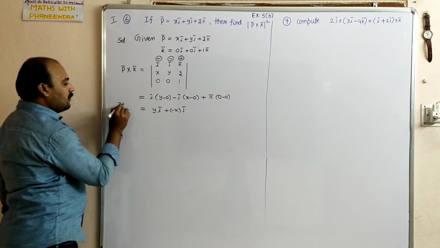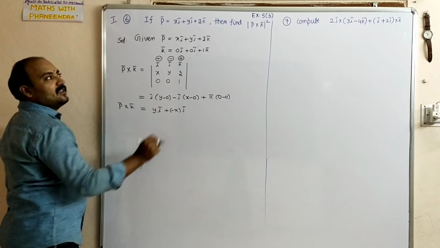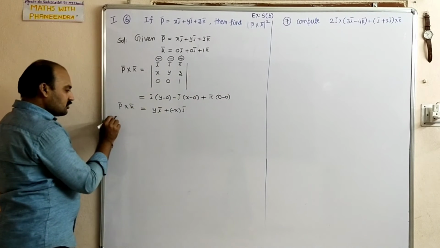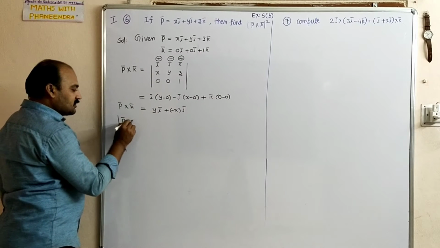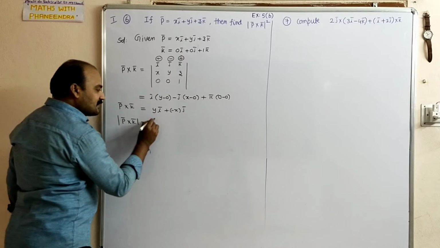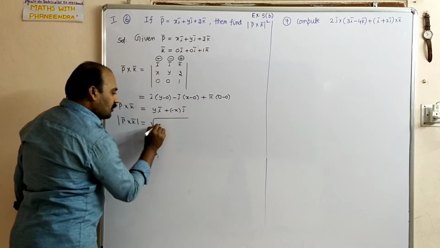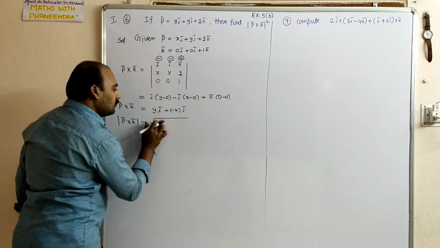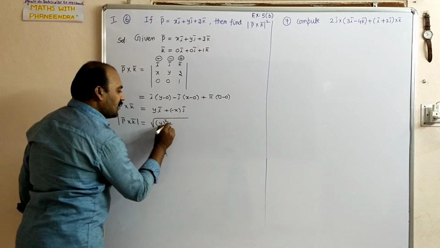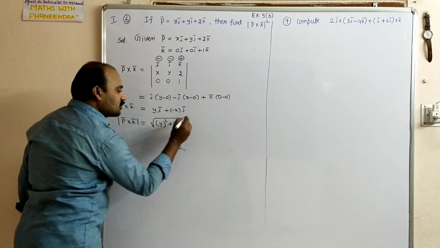This is P bar cross K bar, but they are asking for the magnitude. So the magnitude of P bar cross K bar equals the square root of the I bar coefficient y squared plus minus x whole squared.